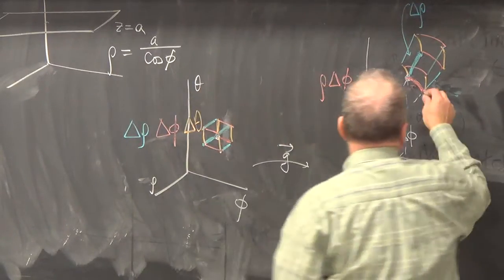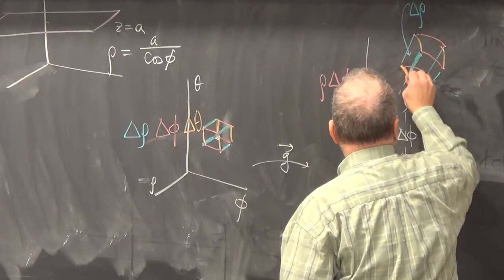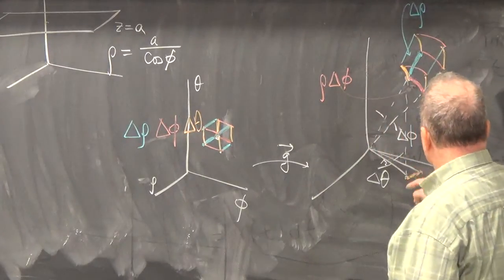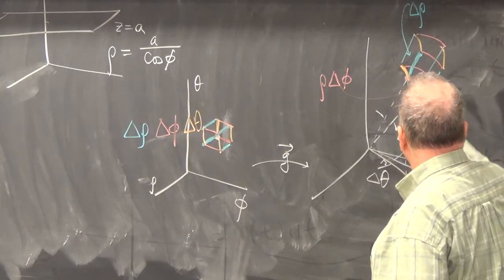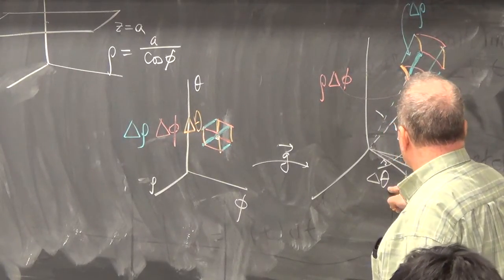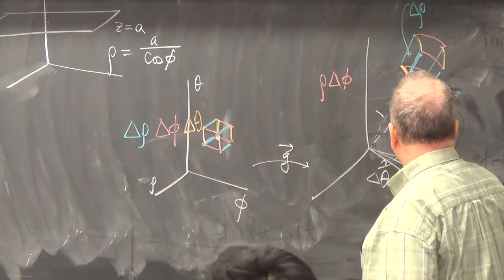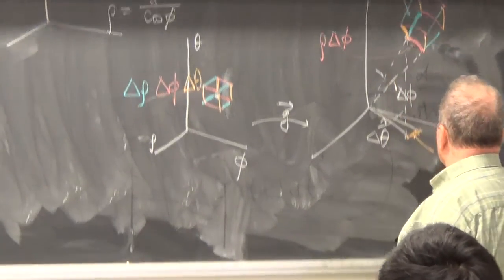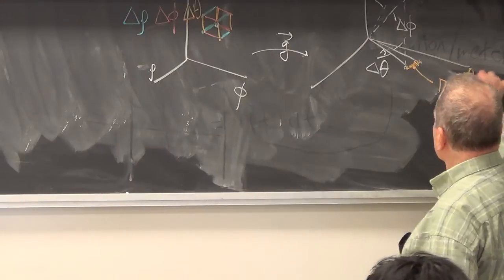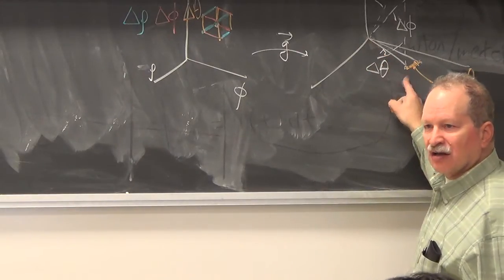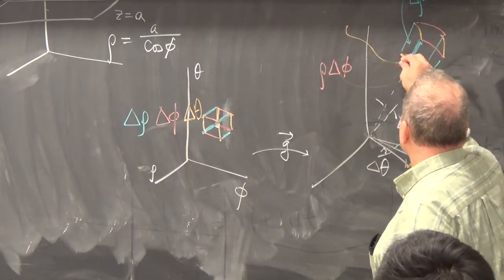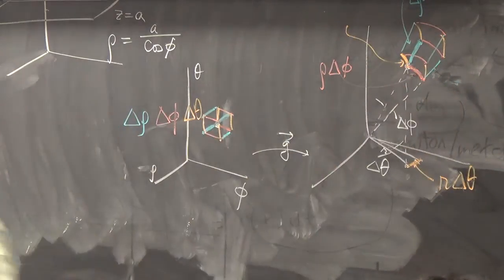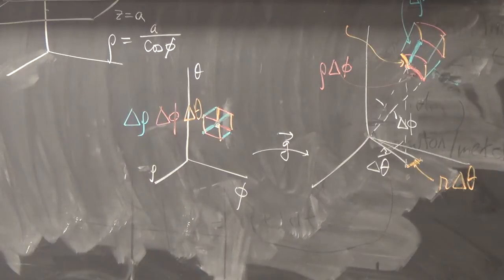What about the orange length? That came from this, which the perspective is messed up. I didn't draw it perfectly here. The orange length is r delta theta, right? Because this is a circle of radius r. And r is rho sine phi.